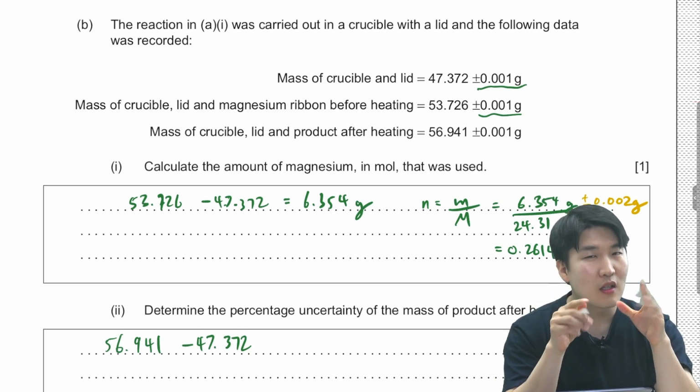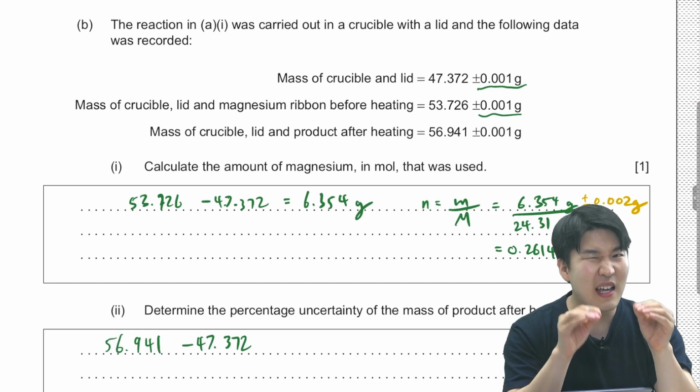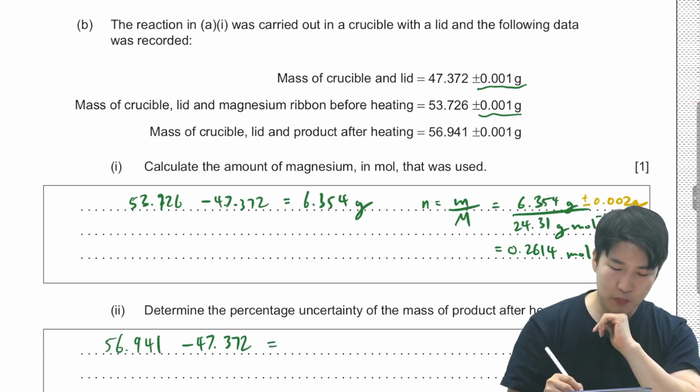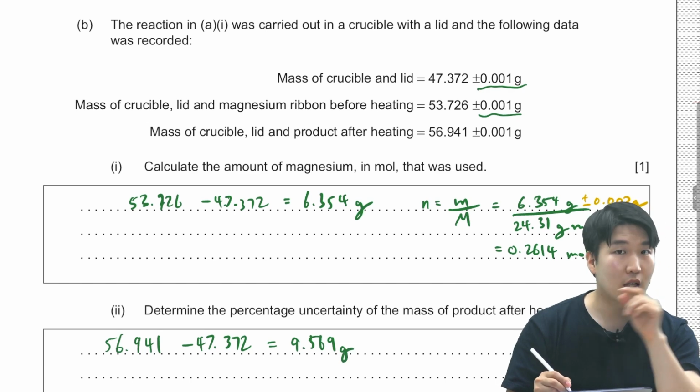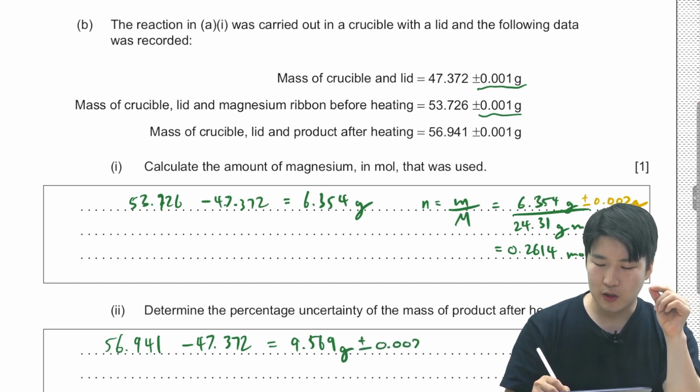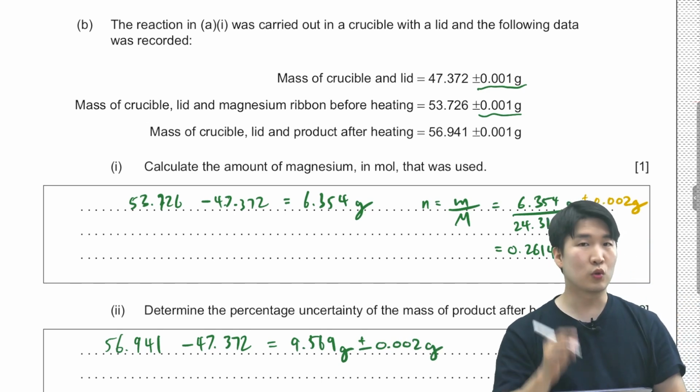And that's assuming all the magnesium has completely reacted with oxygen. And what's the value? The value is going to be 9.569 grams. Again, there will be the absolute uncertainties associated, 0.002 grams.